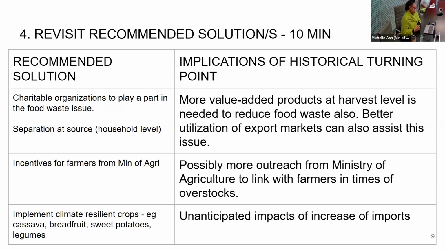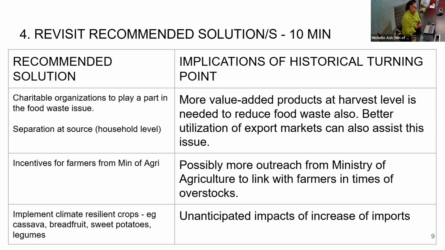We also started to have incentives for some farmers at the Ministry of Agriculture level, but we still need to reach out more, because a lot of farmers still don't know they have facilities, like storage facilities and facilities to dehydrate their products or turn them into some other usable form.